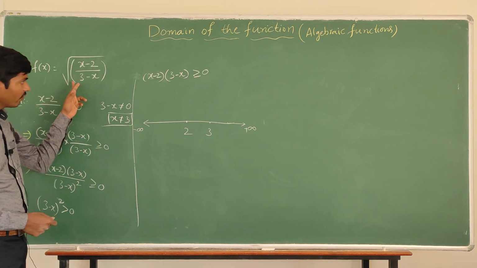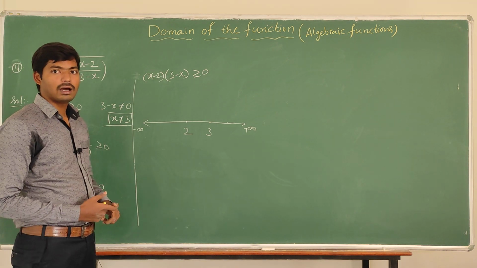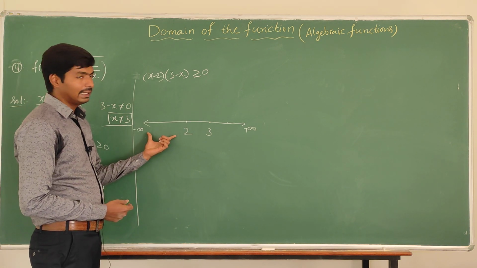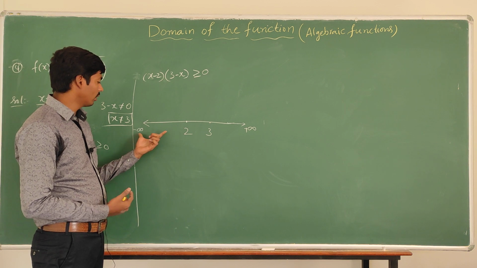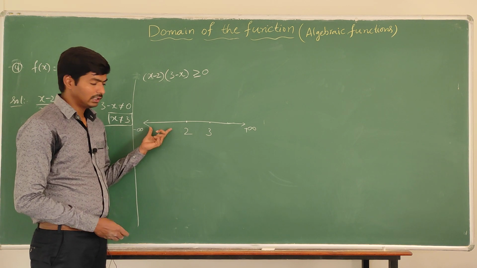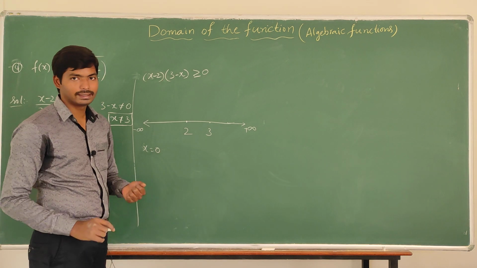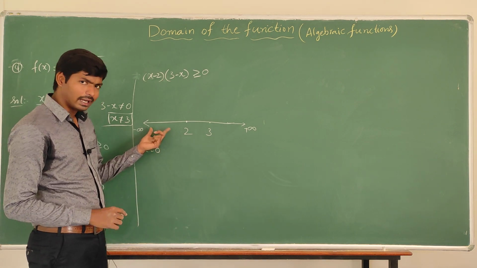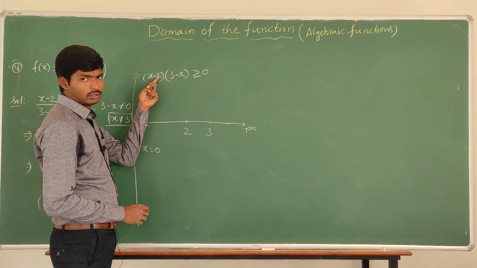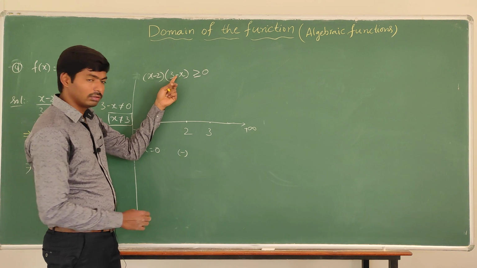In order to define my function, the value of the expression x minus 2 into 3 minus x should be greater than or equal to 0. Now suppose I take an arbitrary value from minus infinity to 2, say x equal to 0, lying in this sub-interval. Substituting in this expression, 0 minus 2 gives a negative number, and 3 minus 0 gives 3, a positive number.